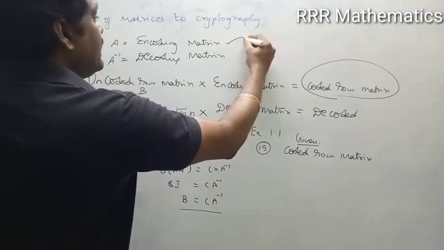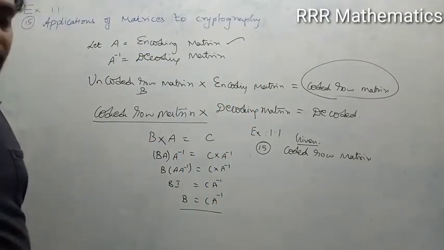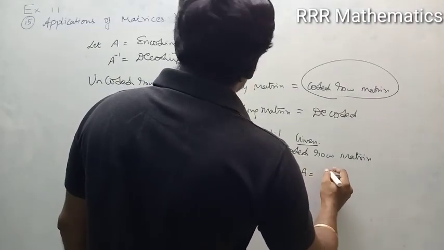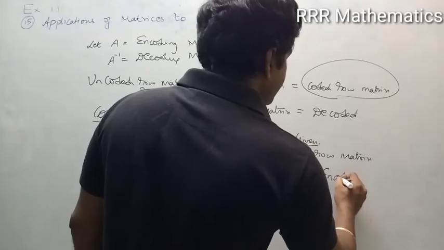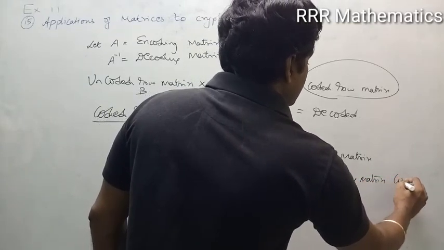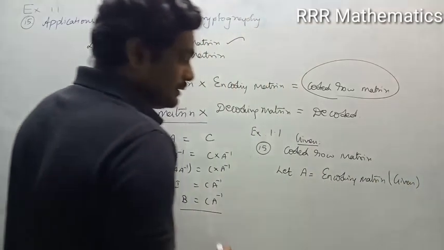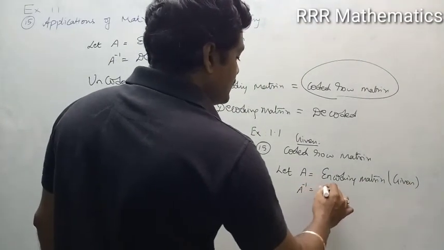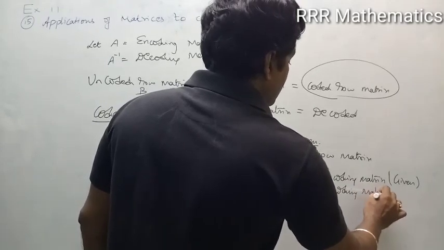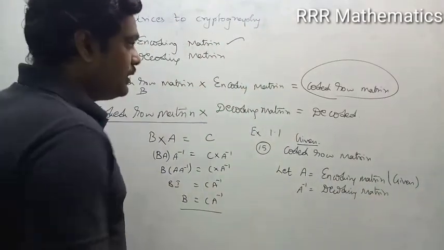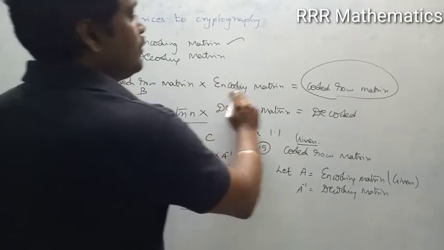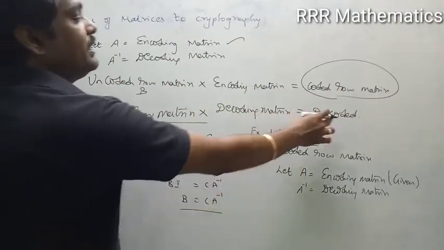Decoding means you take the inverse of the given matrix. Let the given matrix be A, that is the encoding matrix, whose inverse is the decoding matrix. Very simple. In the example, uncoded was given, so uncoded into encoding is coded, and coded into decoding is decoded.